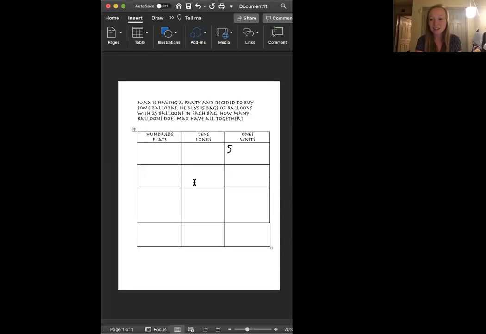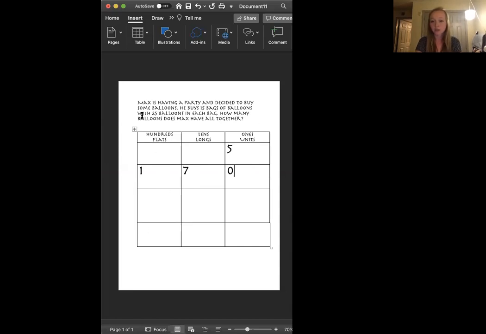So we have 17 in the tens place, but can we do that? No, we can't do that because then this turns into 7 ones, 7 units and 1 long, and that's not what we want. So we have to move that 1 over to the hundreds place, and we have 0 units there.